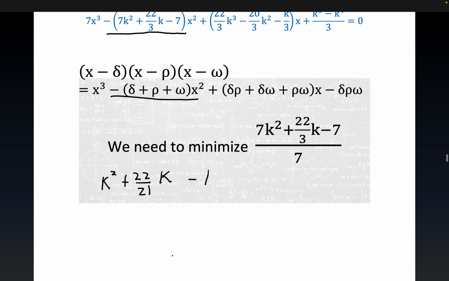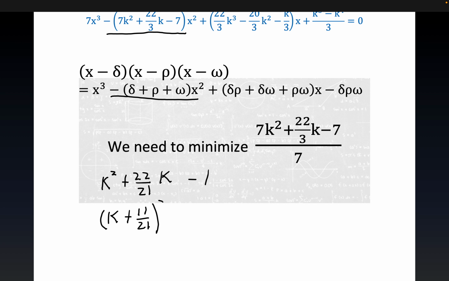Now, a lot of you recognize what we're going to be doing right here. You just take half of the leading coefficient and rewrite it like this. Half of 22 is 11, so we have k plus 11 over 21 quantity squared. And we have to pay a price for this.